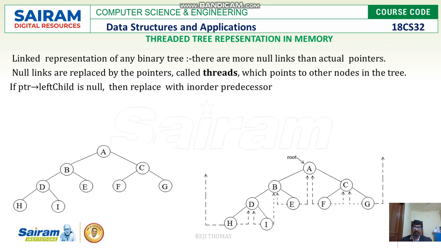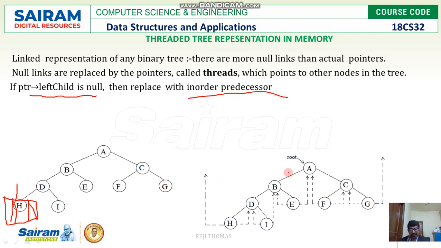Okay, so if left child is null, we are going to replace it with the in-order predecessor. So for example, if you take H, H will be represented like this. The middle part is H, and this is null and this is null. Now what it says: if ptr left child is null, so think that this is a ptr, so left child is null. Which should be replaced with the in-order predecessor.